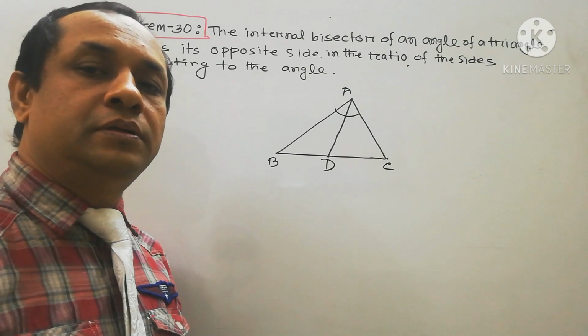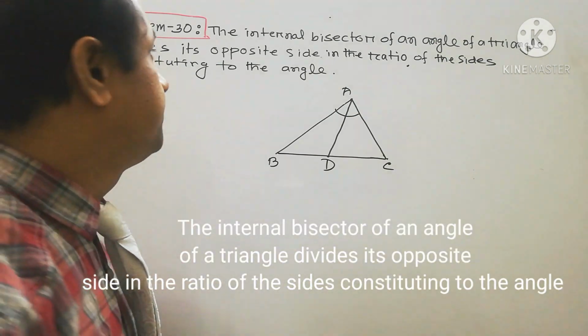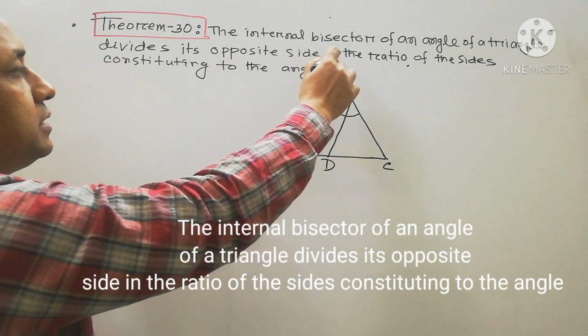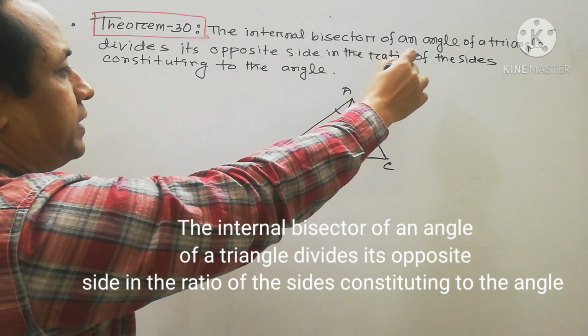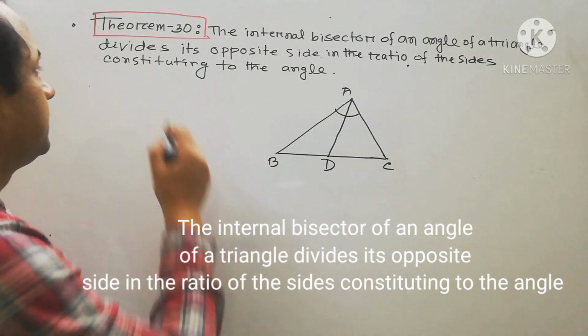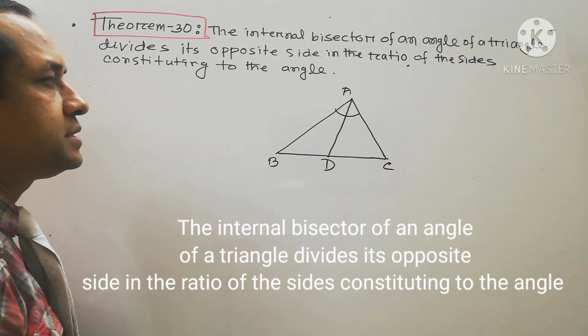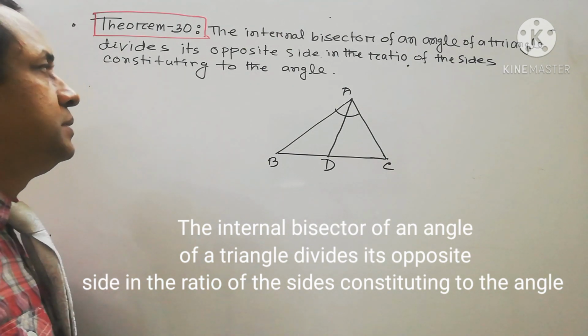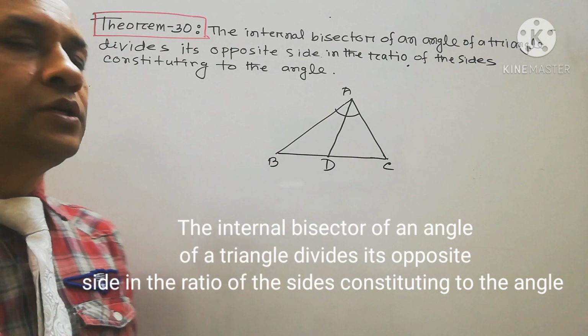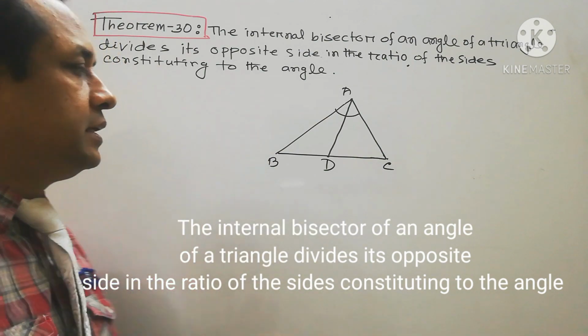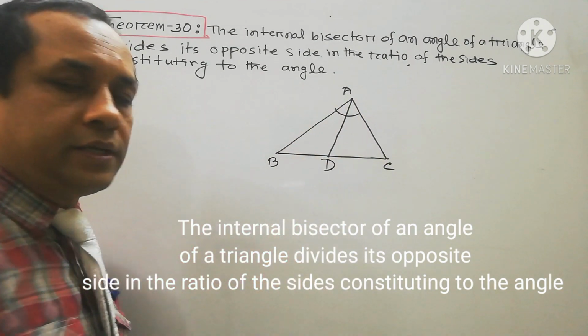Theorem number 30. The internal bisector of an angle of a triangle divides its opposite side in the ratio of the sides containing the angle. Let ABC be a triangle.